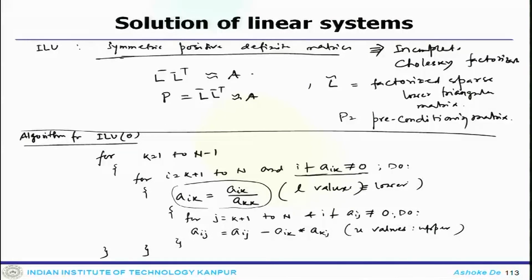Then in the next level of iteration, you check this criterion. If that is satisfied, you finally calculate the upper values. Here U stands for the upper values, L stands for the lower values, and then you close this loop. So this is how you get the ILU 0 factorization.